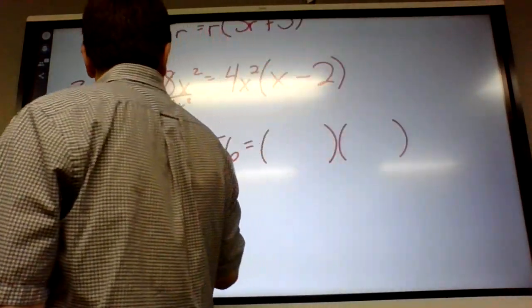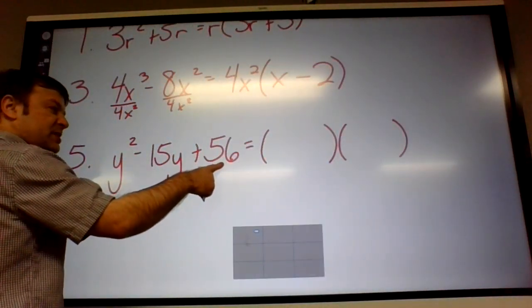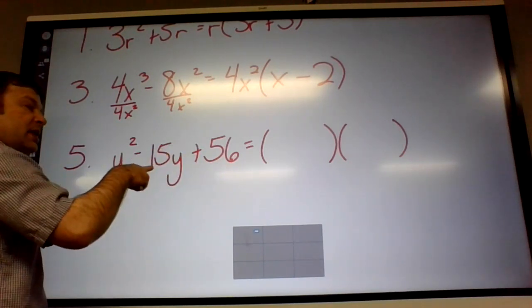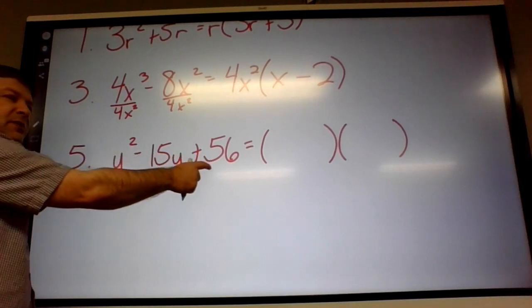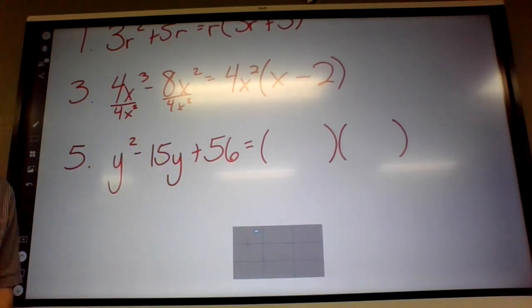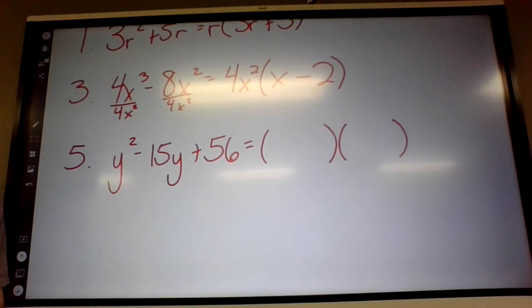So the question is, when you have 3-term factoring, what multiplies into 56 that could add up to negative 15? So do you remember in your times tables what went into 56? 7 times 8.